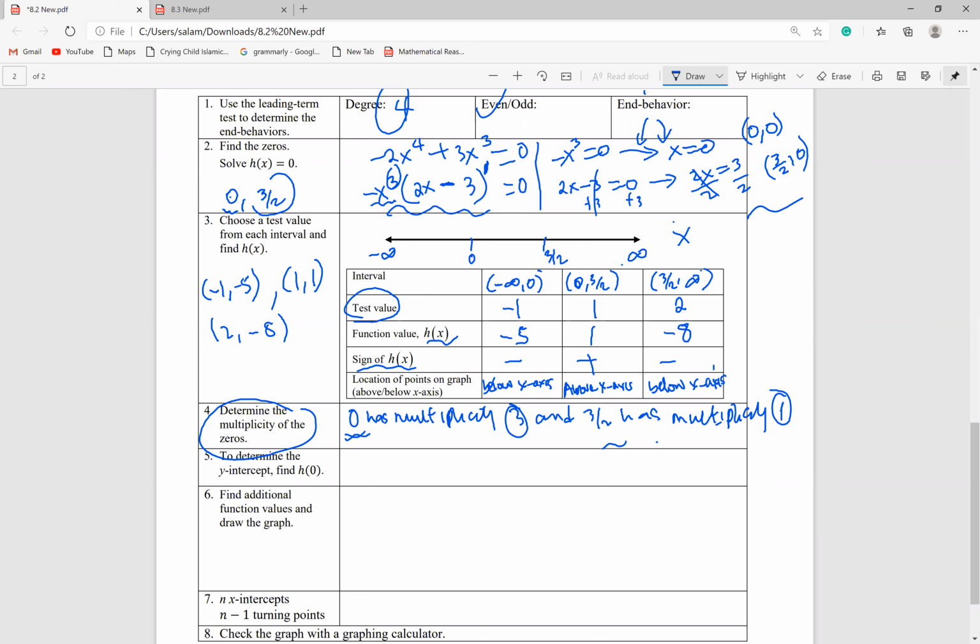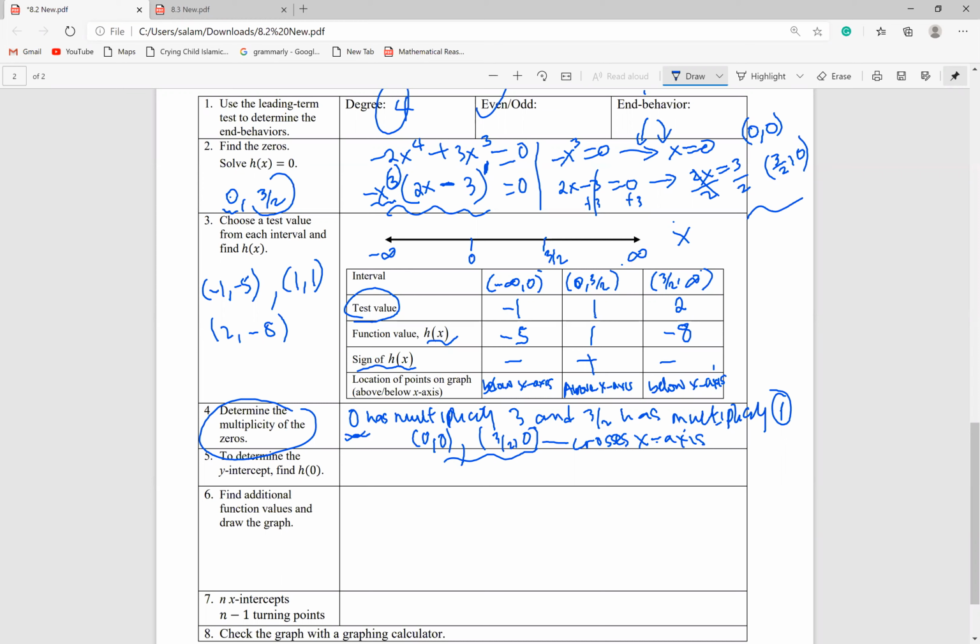So it's just giving us hints that at 0, 0 and at 3/2, 0, the graph is going to cross the x-axis.